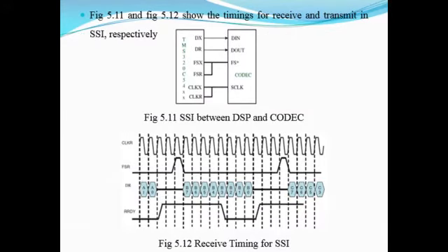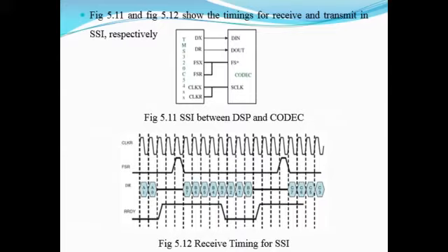Then coming to the diagram, that is the serial interface between a DSP and a codec. If I look into this, we can see that there are timings specified for the transmission and reception of data through the serial communication process. There is a TMS320C54 device, which is a DSP device, connected to a codec.